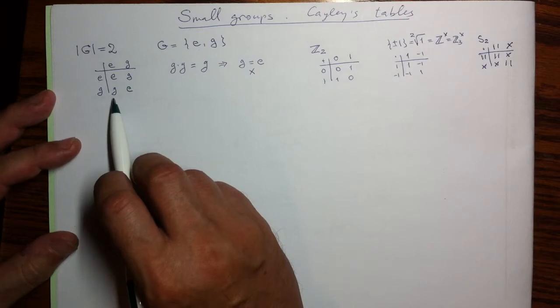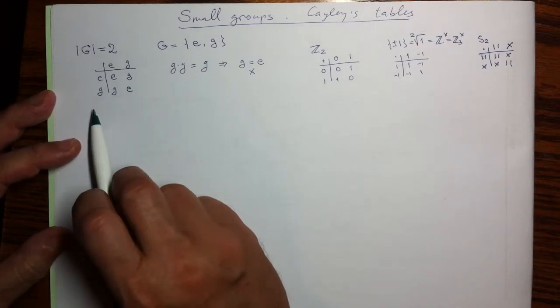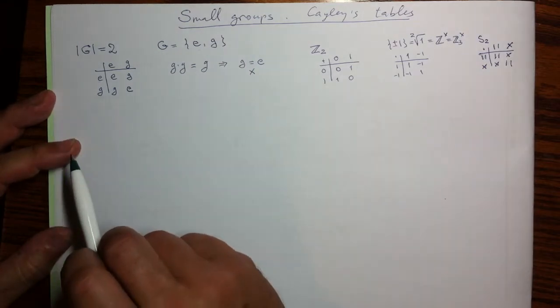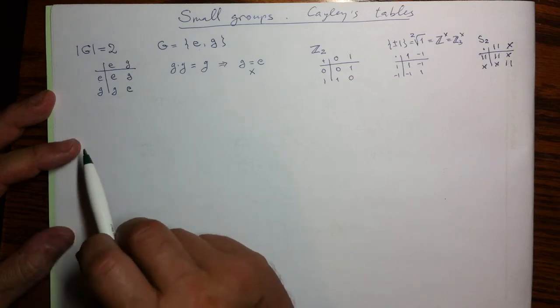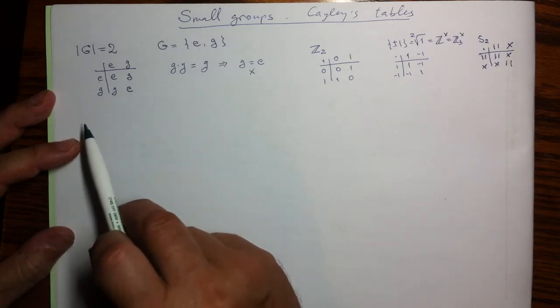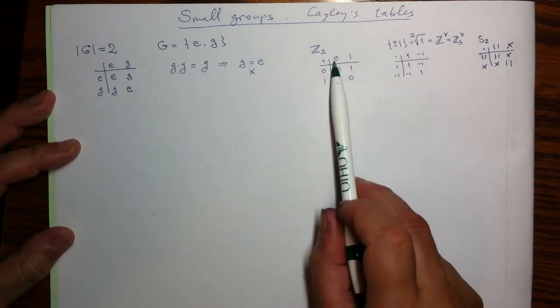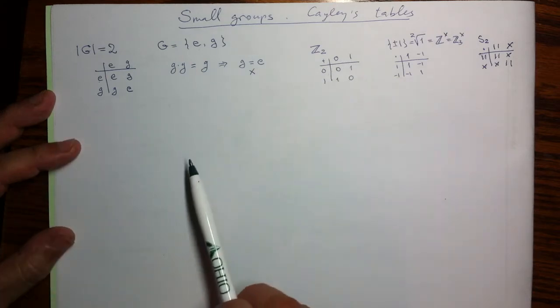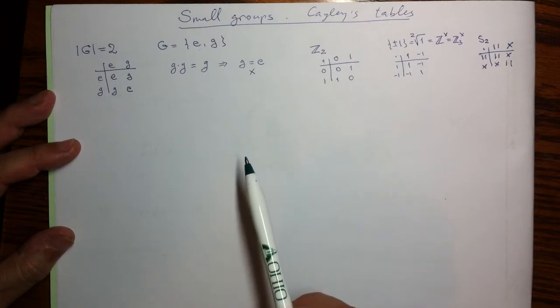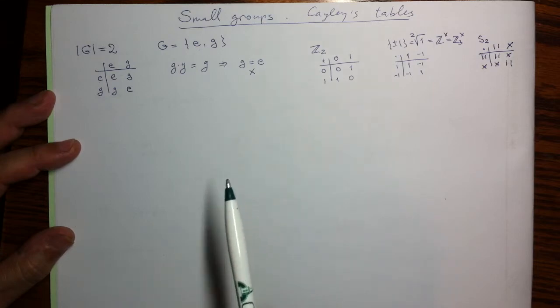We just proved here that it is the only possible Cayley's table of size 2. So all groups of size 2 are bound to be what is called isomorphic. Upon relabeling, the operation becomes identified.